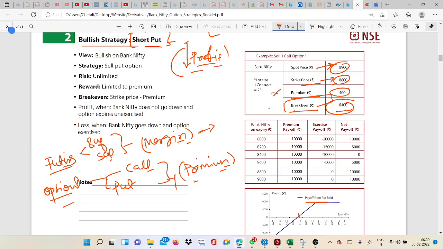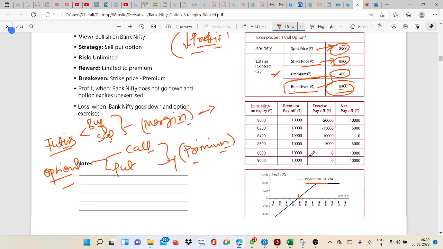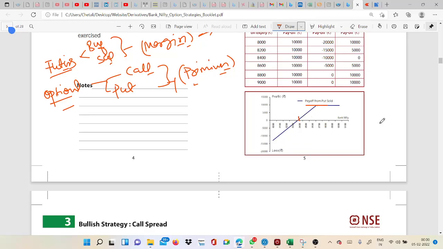Break even point would be at 8,400. Okay, so let's see when this contract will give the profit to you. It will perform below this area, below 8,400, right?